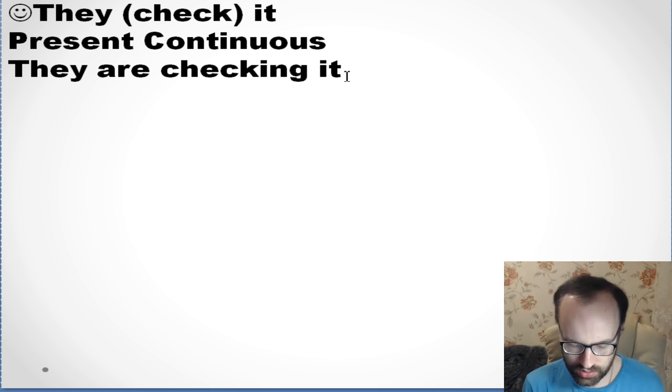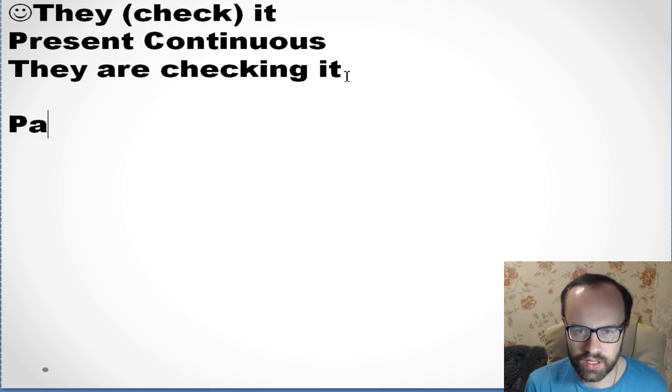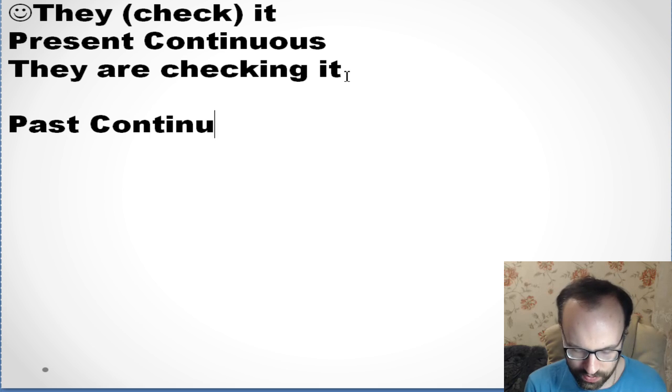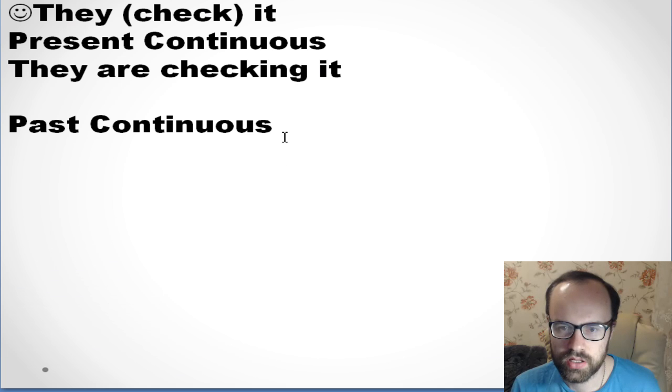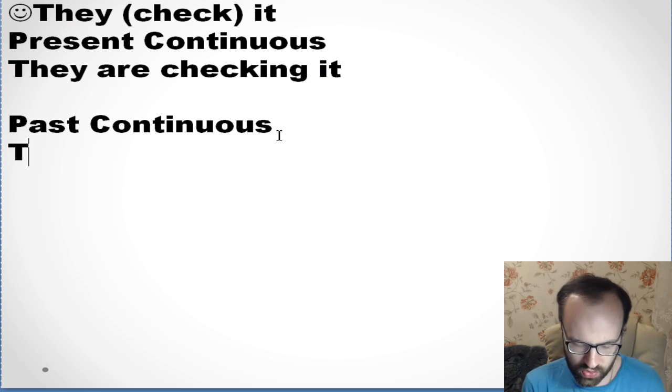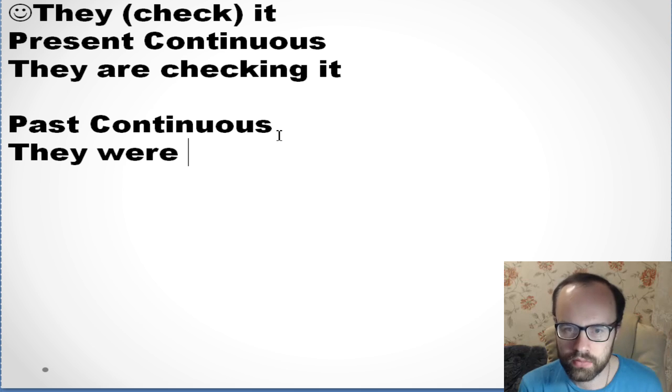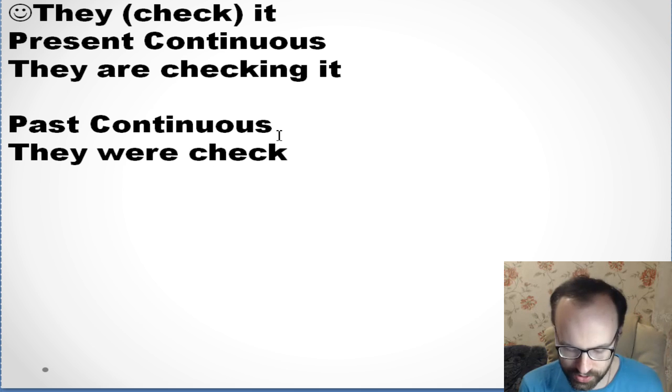Okay, good. Next, let's talk about past continuous. How do we form it? Was, were plus verb plus ing. Okay, no problem. So they were plus verb check plus ing.